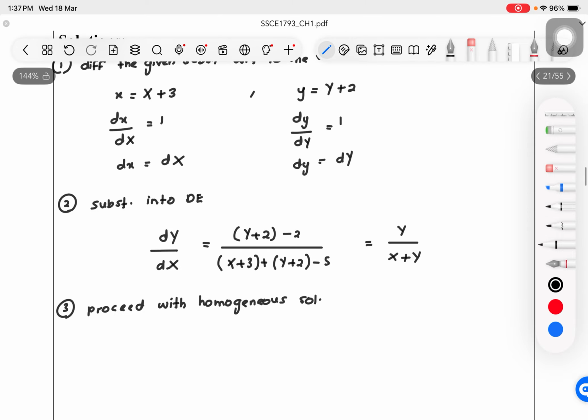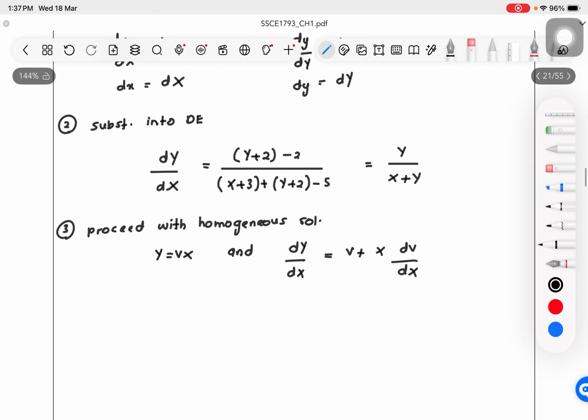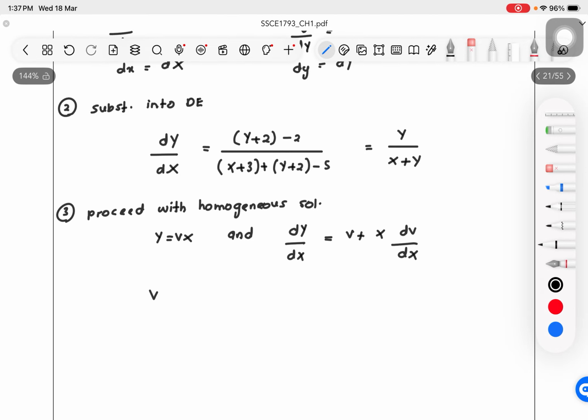In the solution, we have the substitution for the homogeneous equation. We are going to substitute inside our equation, so Y is equal to vX.